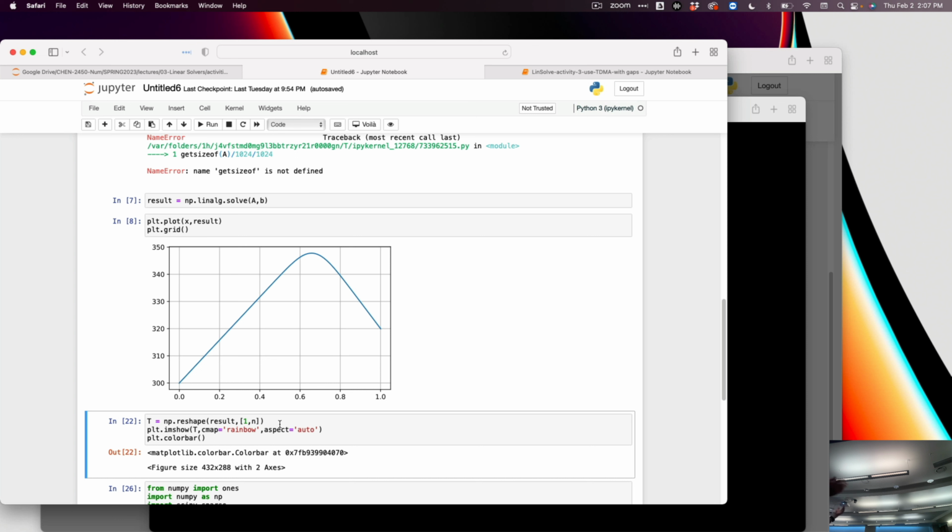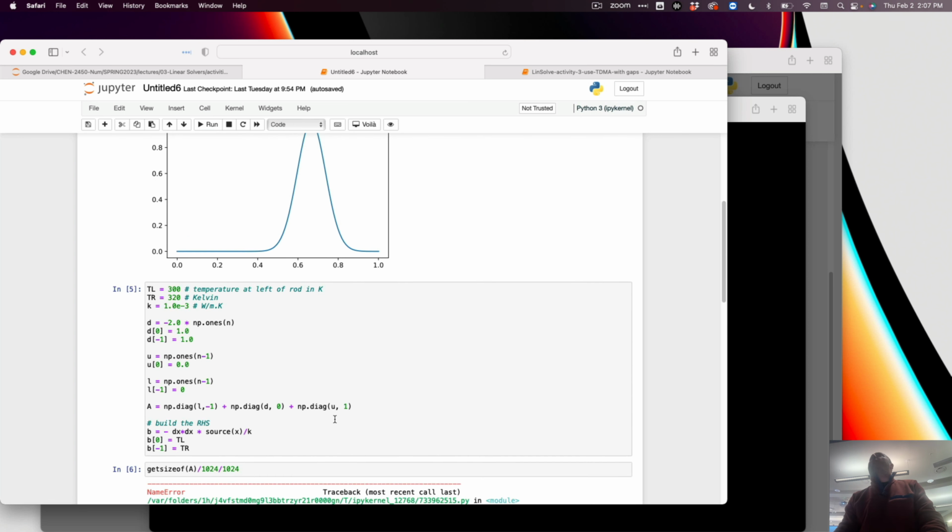Okay? So the higher the K, we expect more of a uniform temperature along the rod, right? And the lower the K, we expect more of a non-uniform temperature because heat is going to be concentrated where the heating source is. Okay?